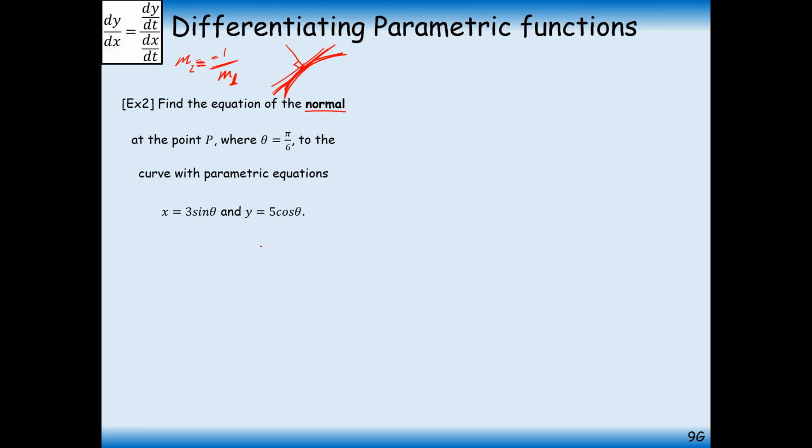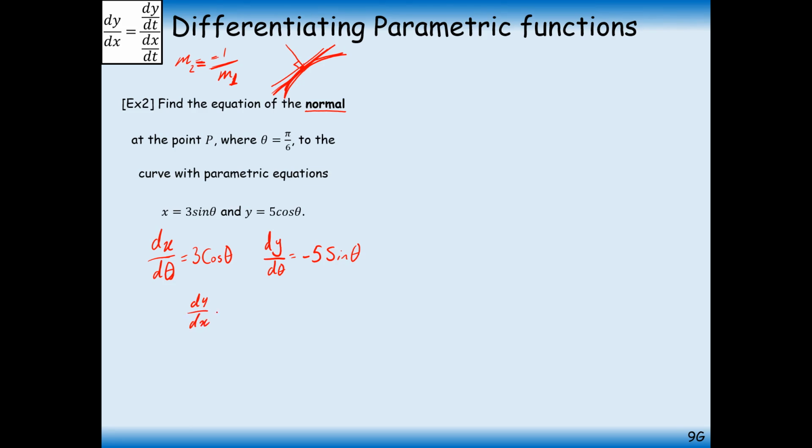So if we differentiate x with respect to theta, we'll have 3 times cos theta, and when we differentiate y with respect to theta, we will have negative 5 sine theta, right? And what we're going to do is divide dy by dx.